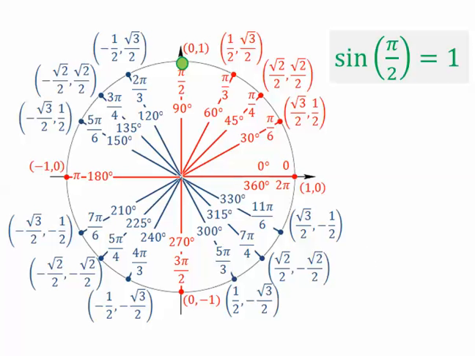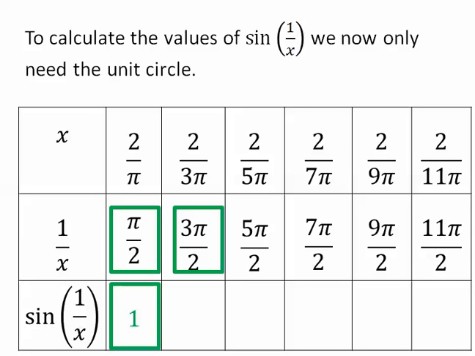At pi over 2, you're at the top of the unit circle. Sine is the second value of the ordered pair. And so sine of pi over 2 equals 1. And so sine of 1 over x, if x is 2 over pi, is 1.